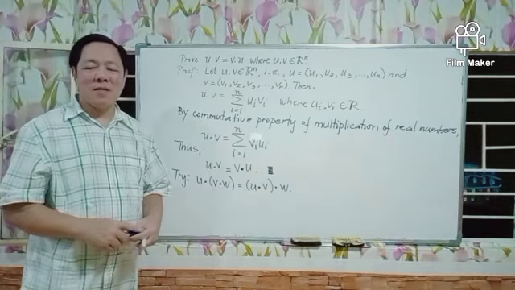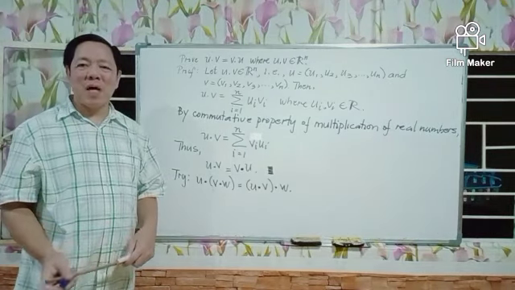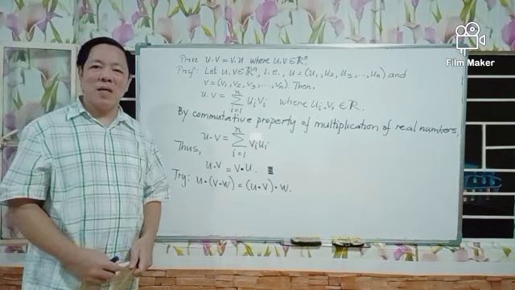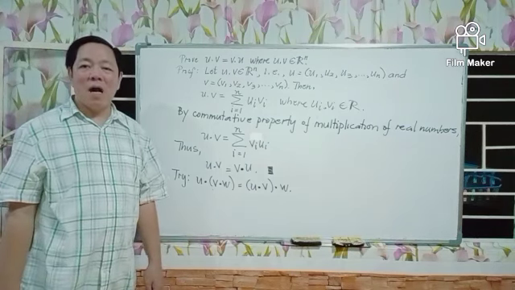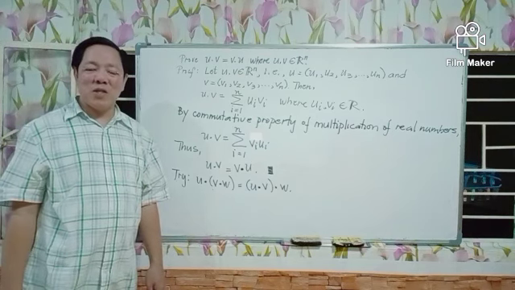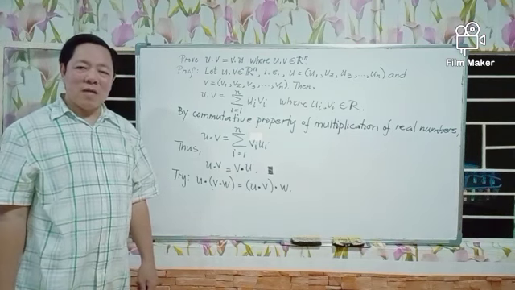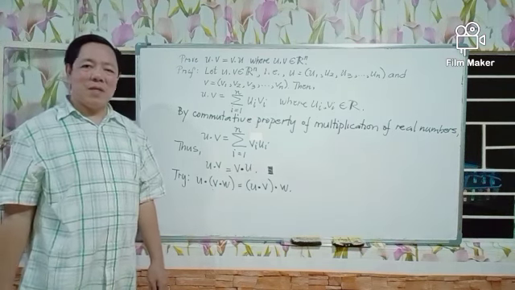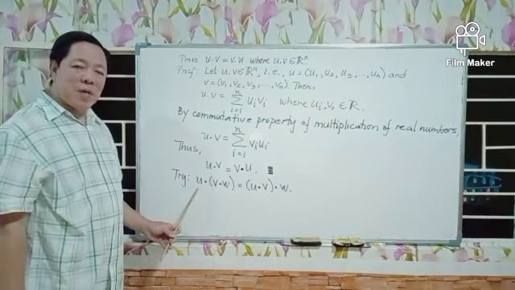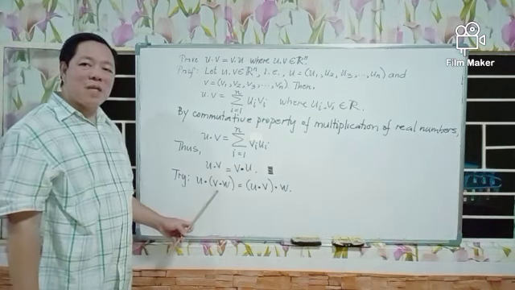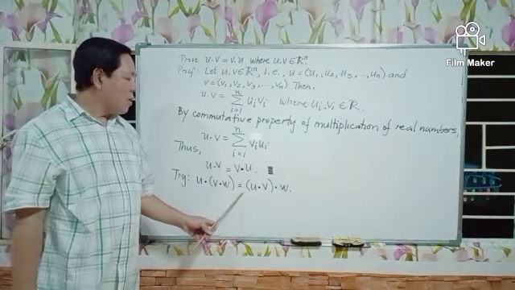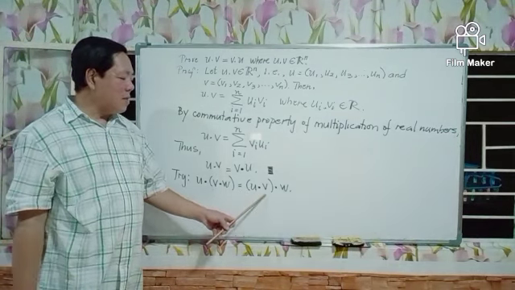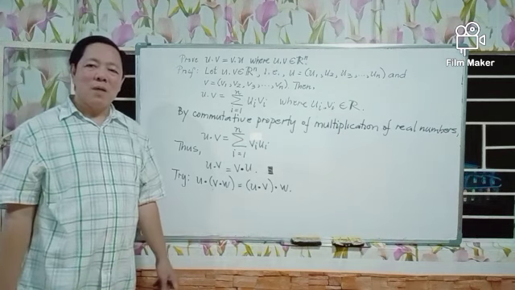For your practice, try to prove that the scalar product of n-tuples or vectors in R^n, or n-dimensional space, also satisfies the associative property. That is, you prove that the quantity (u dot v) dot w is the same as u dot (v dot w).